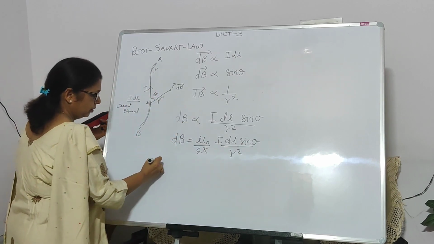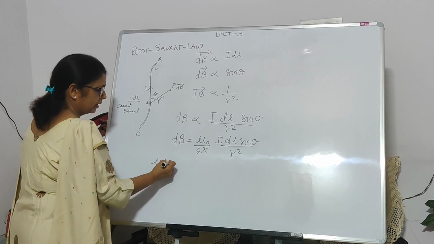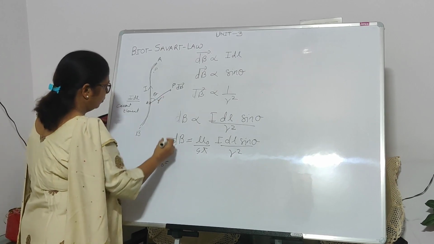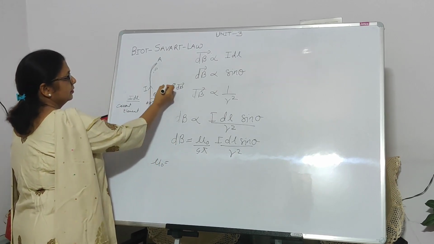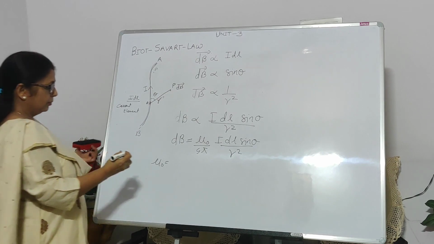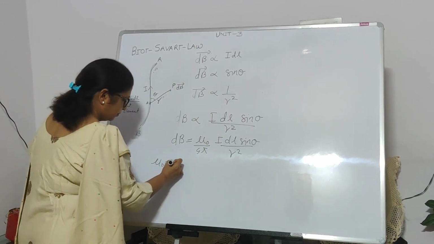This mu naught is called the permeability of air.